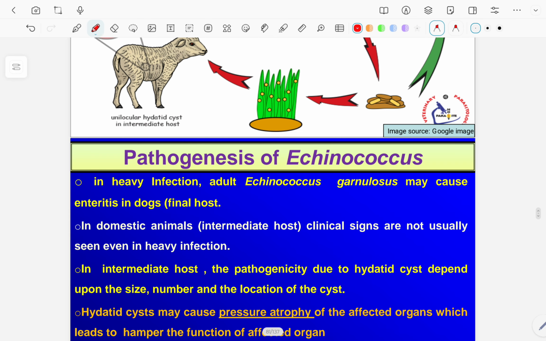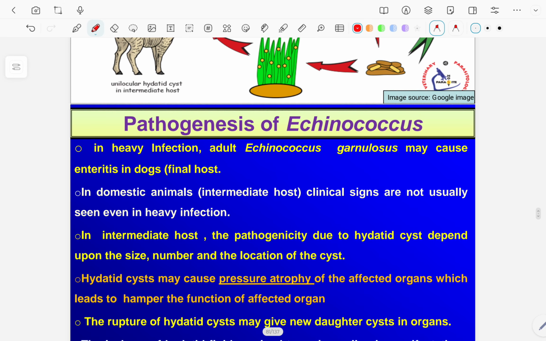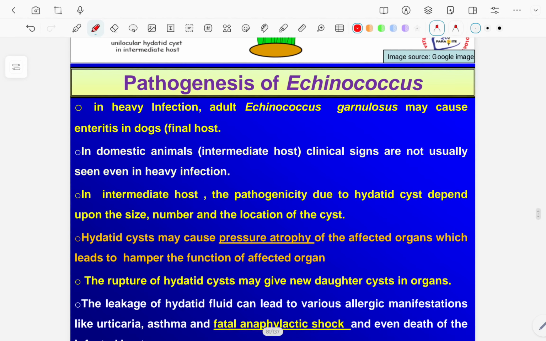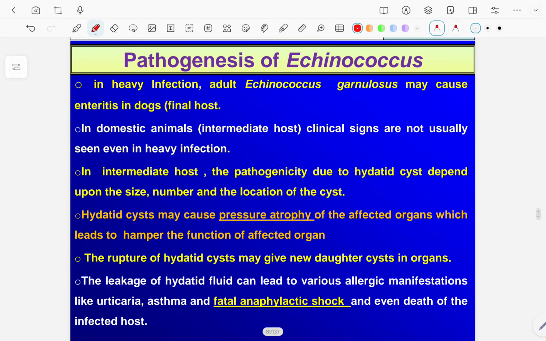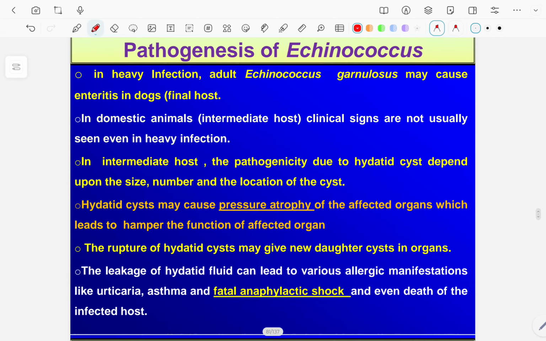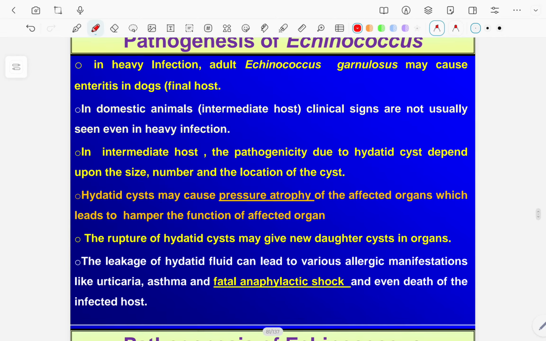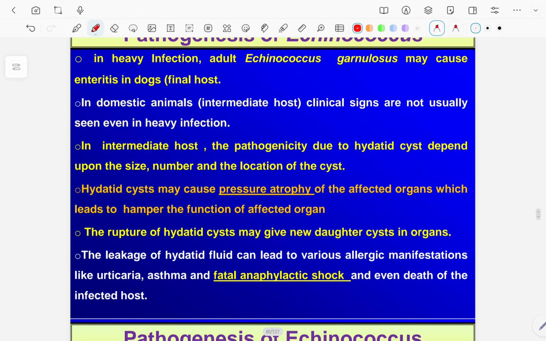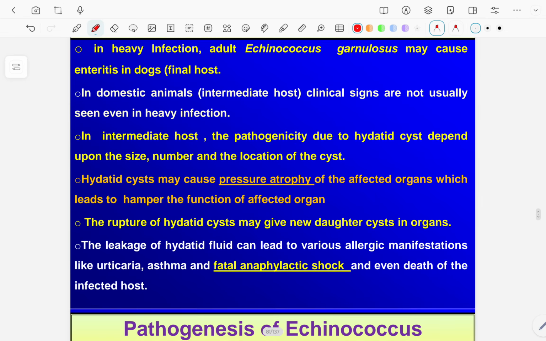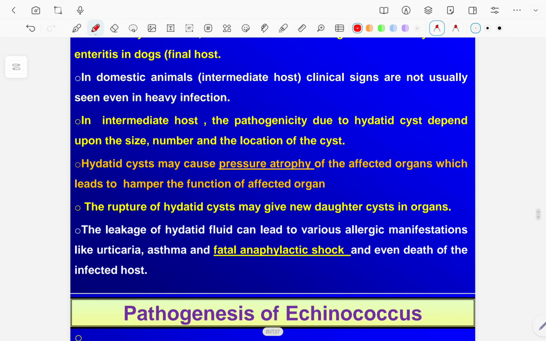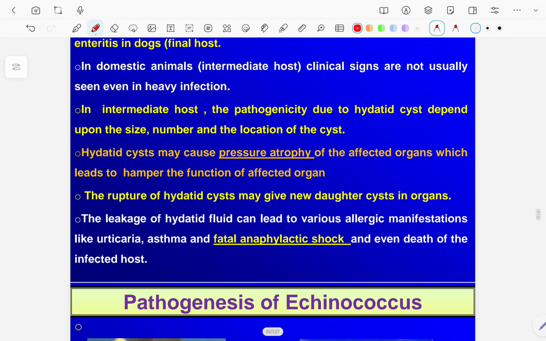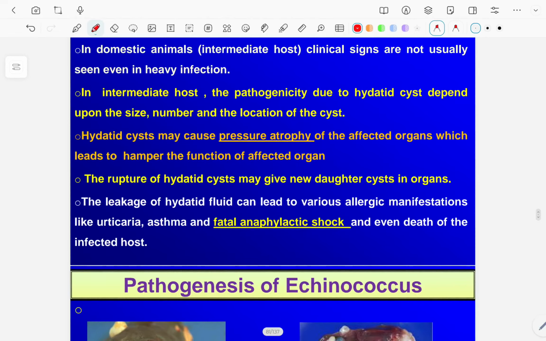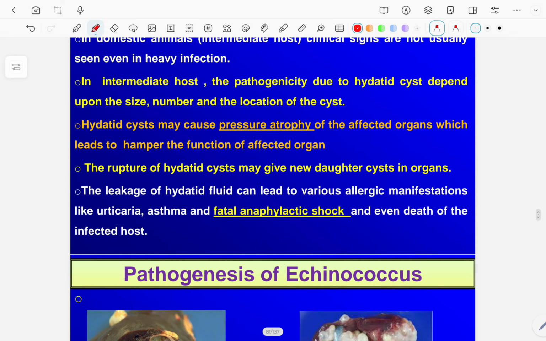Pathogenesis of Echinococcus. In heavy infection, adult Echinococcus granulosus may cause enteritis in the dog final host. In domestic animal intermediate hosts, clinical signs are not usually seen even in heavy infection. The pathogenicity due to hydatid cyst depends upon the size, number, and location of the cyst.